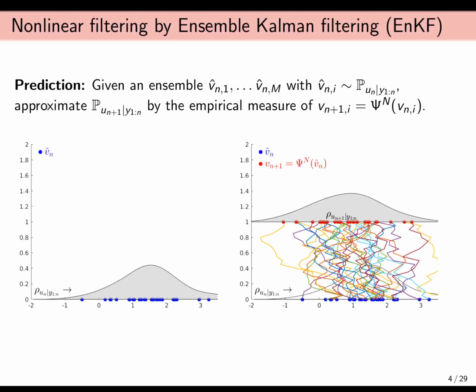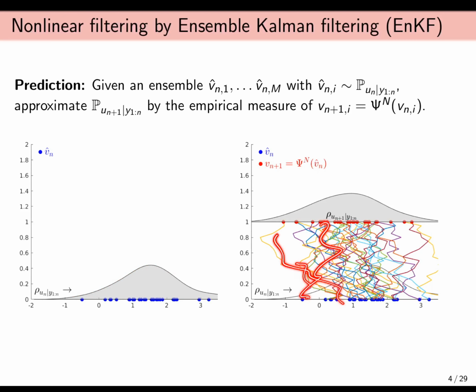And that's illustrated here. So here are the states of the particles. Let's assume that the x-axis here describes the state space, so it's a one-dimensional state space. And here I have an empirical density approximation from all these particles at time n. Then I simulate them.